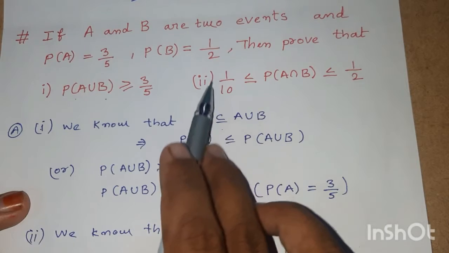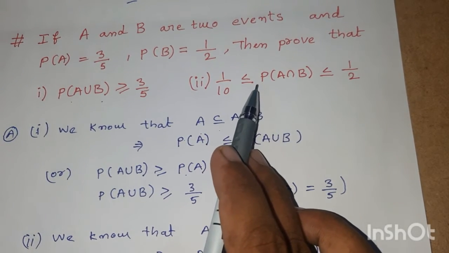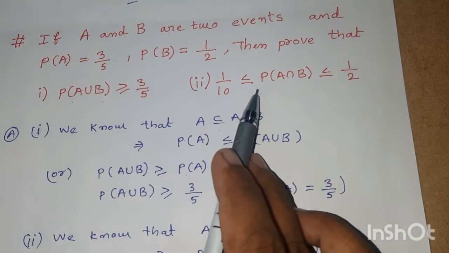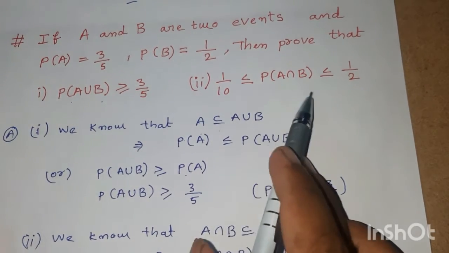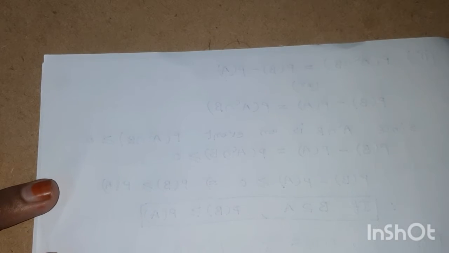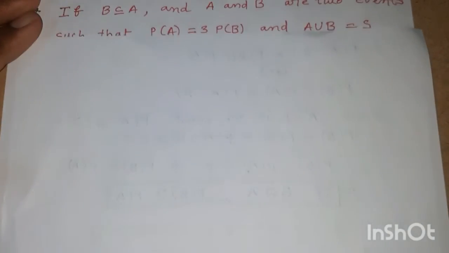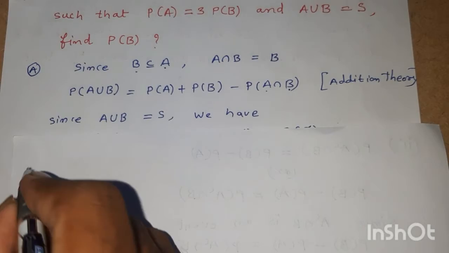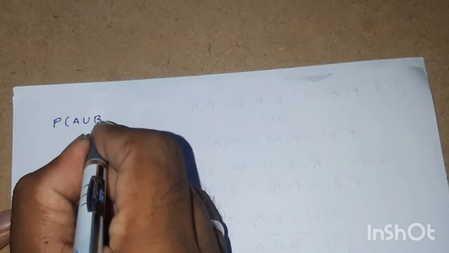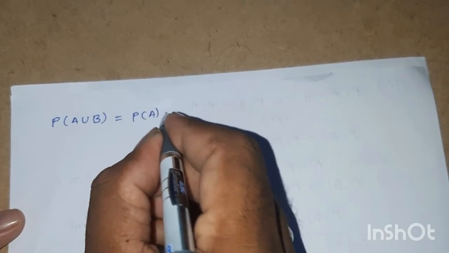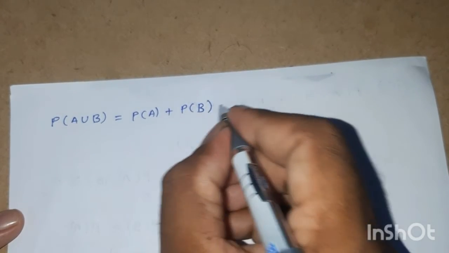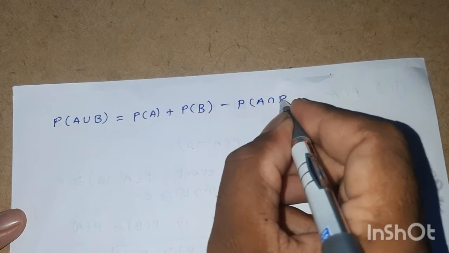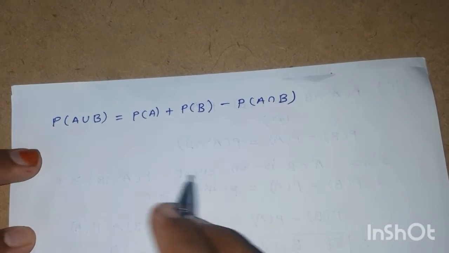Now we have to find out whether the left inequality is true or not: 1/10 is less than or equal to P(A ∩ B). By the addition theorem we have P(A ∪ B) = P(A) + P(B) − P(A ∩ B).